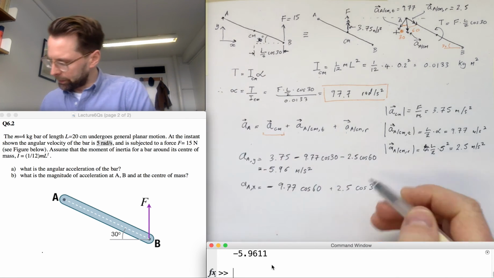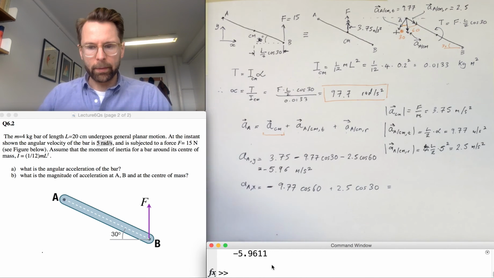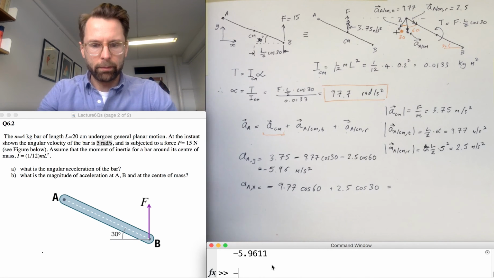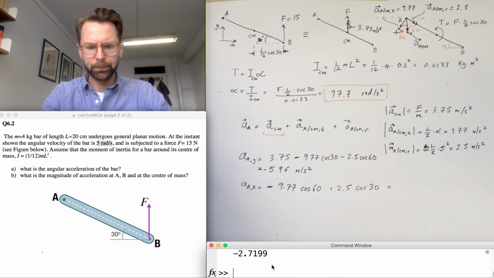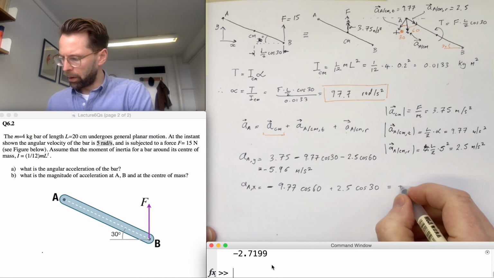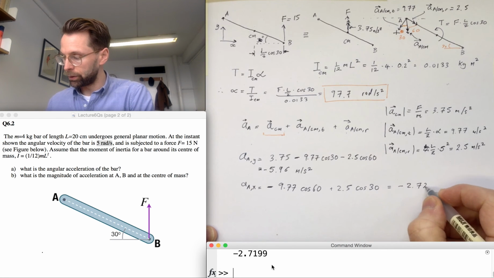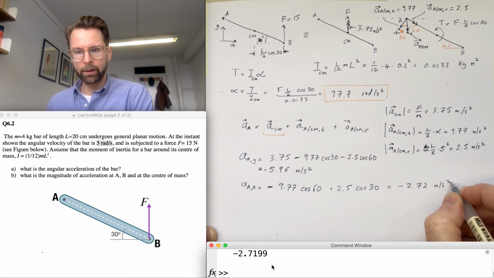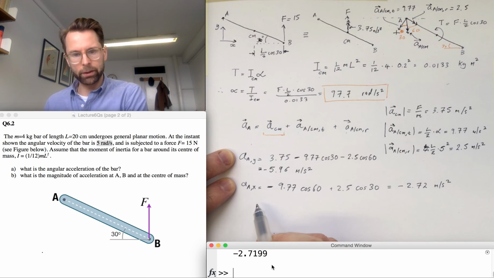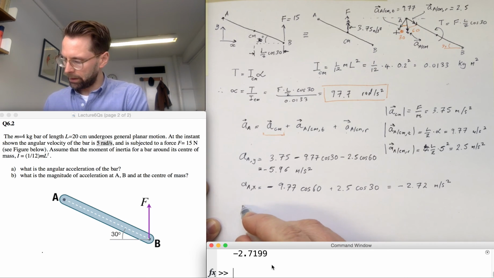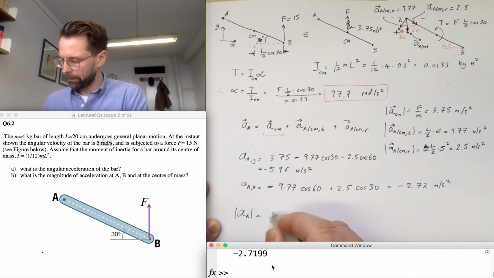So that is equal to minus 9.77 times 0.5 plus 2.5 times square root 3 over 2. That's minus 2.72 meters per second squared. So finally, to get the magnitude of the acceleration of A, we just use Pythagoras.